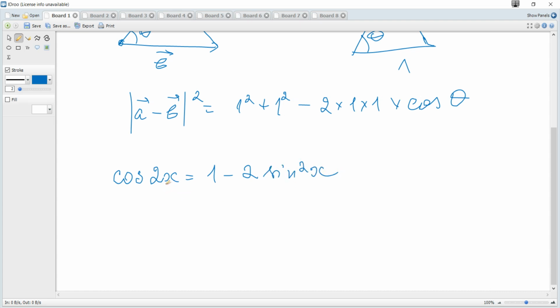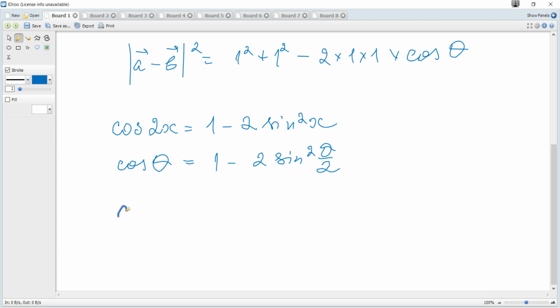And if we choose 2x to be theta, you can see that this angle must be 2 times smaller, so cosine of theta is 1 minus 2 times sine squared of theta over 2.